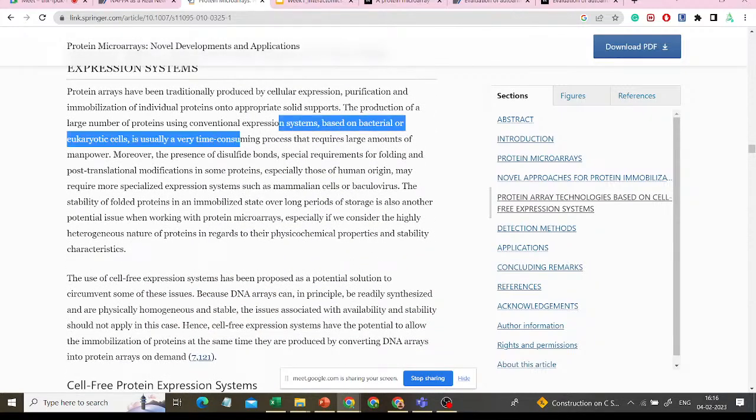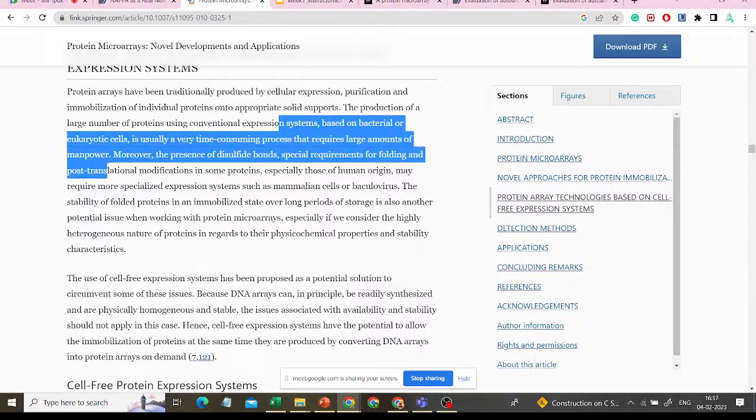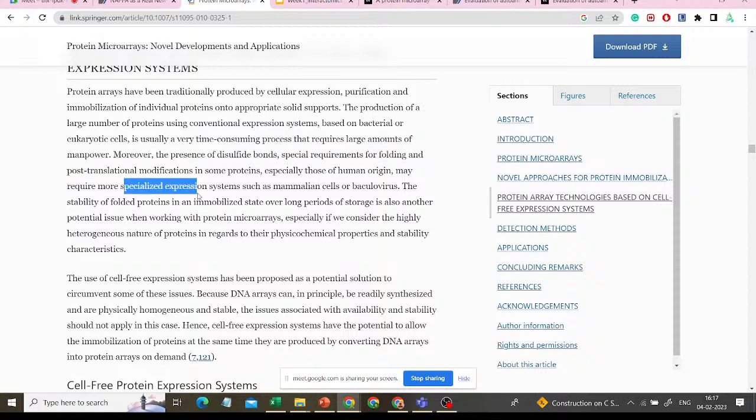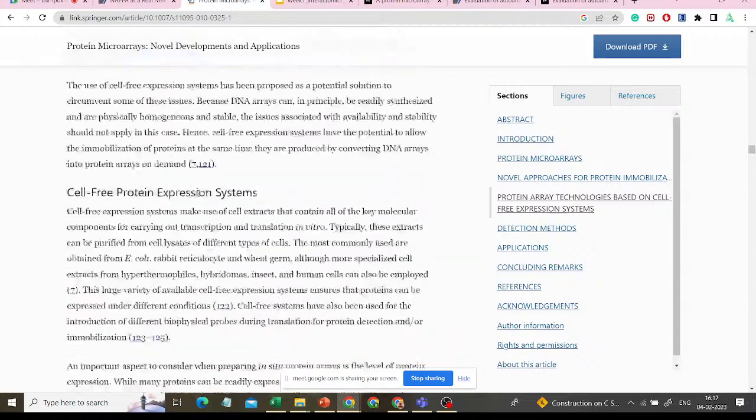Bacterial or other cell-based expression is very time consuming and requires a large amount of manpower. Moreover, the presence of disulfide bonds and PTMs requires more specialized expression systems, and all this led to cell-free expression systems.